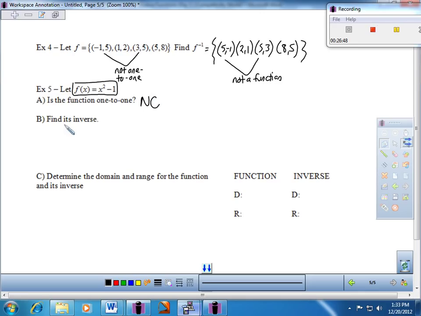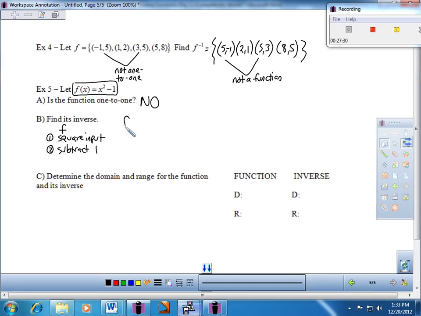So I'm going to do this right here. I'm just going to create my rules. So let's talk about wrapping the gift and unwrapping the gift one more time today. So if I gave you an input, what would you do to get the output? You would square it. So square the input, and then you would probably subtract 1.